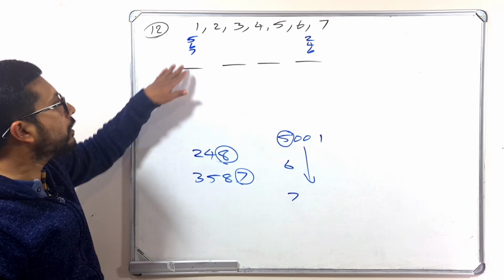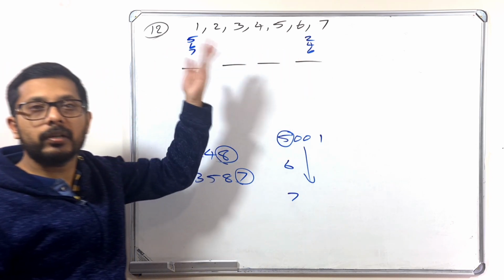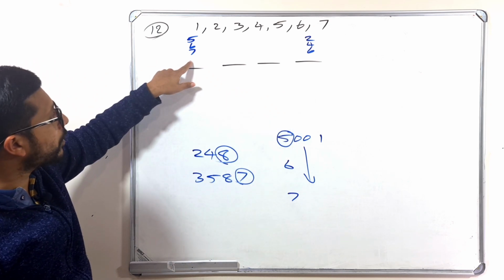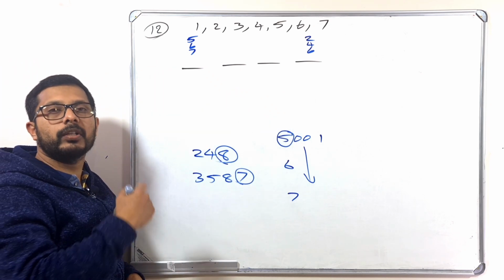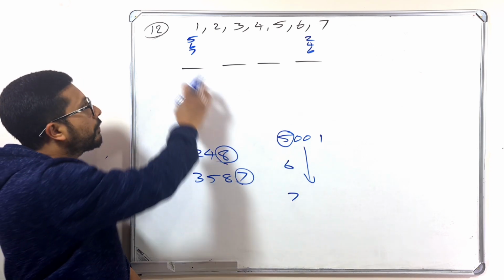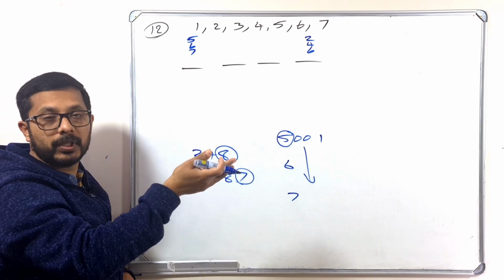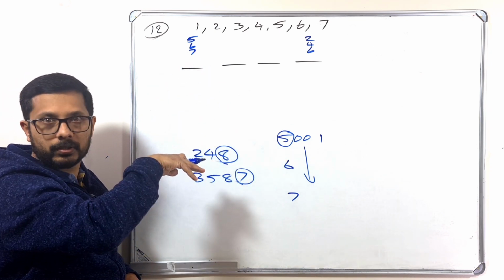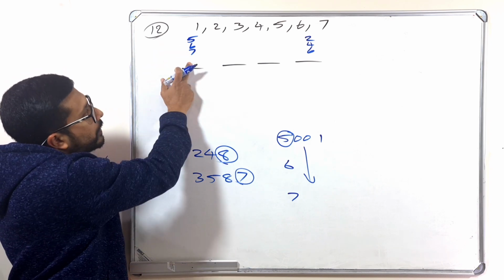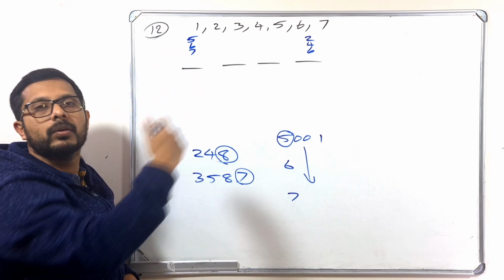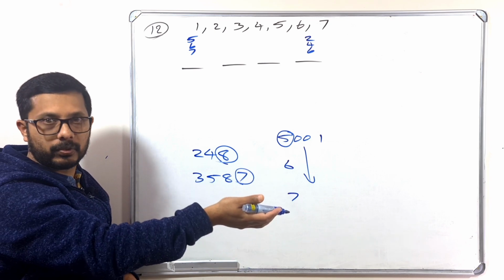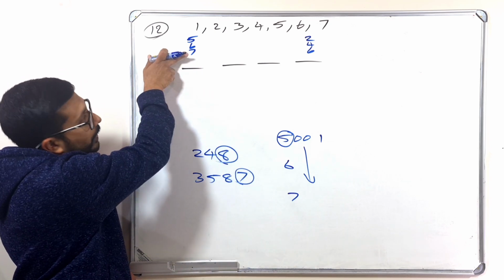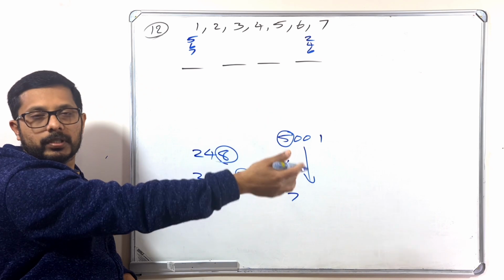Then only this 4-digit code is bigger than 5000. For example, if the first number is 5, it is 5000 something, which is bigger than 5000. If the first number is 6, it is 6000 something, bigger than 5000. If the first number is 7, it is 7000 something.